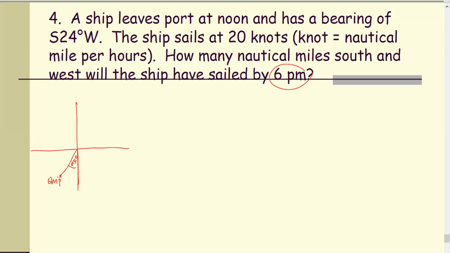The timeline. The ship leaves the port at noon, and we are looking for the south distance and the west distance after 6 hours.